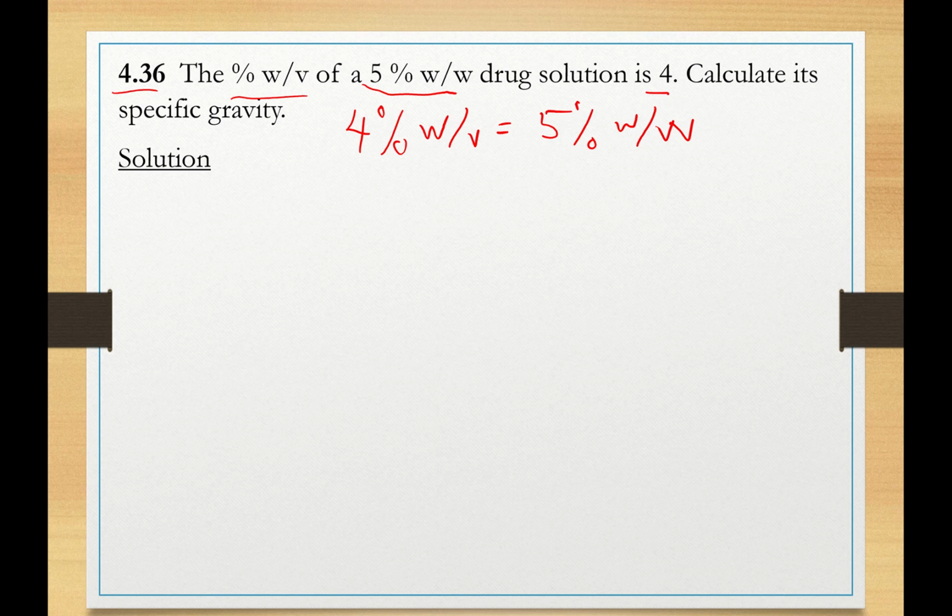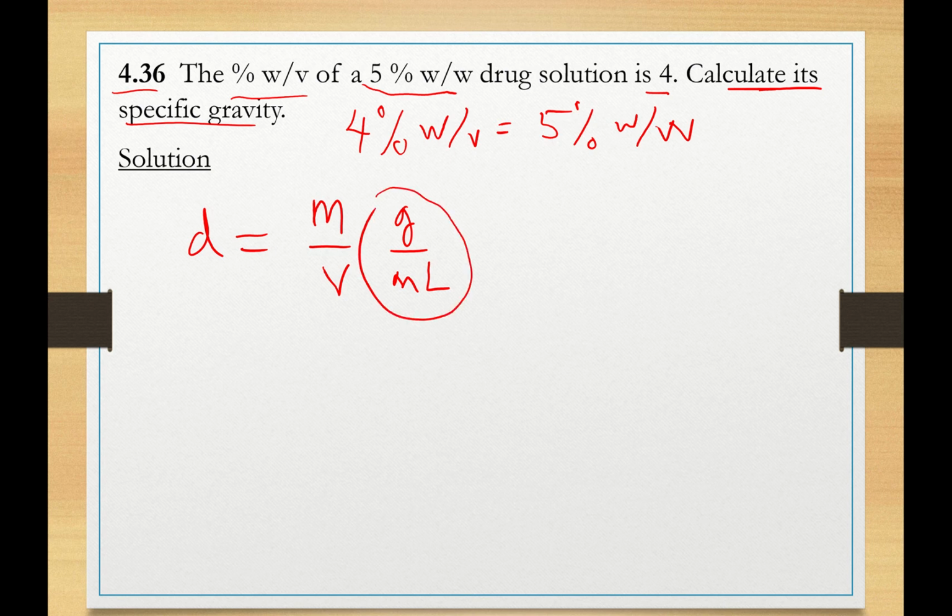Whichever way you follow, you're going to go by the units. And since I have no idea how to solve it, I'm just going to write the equation for the specific gravity or density. So the density is the mass over volume, and it's usually given in grams per ml, correct? So I just have to have grams as a numerator and mLs as denominator.